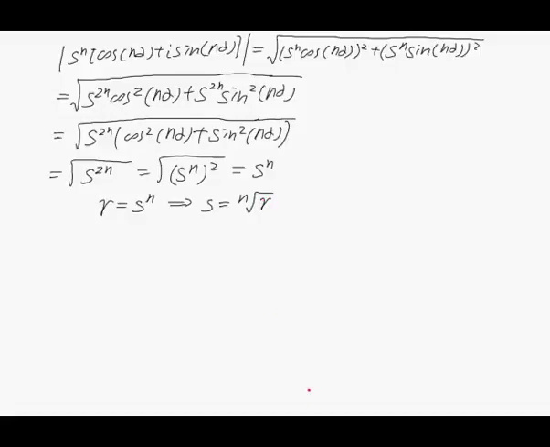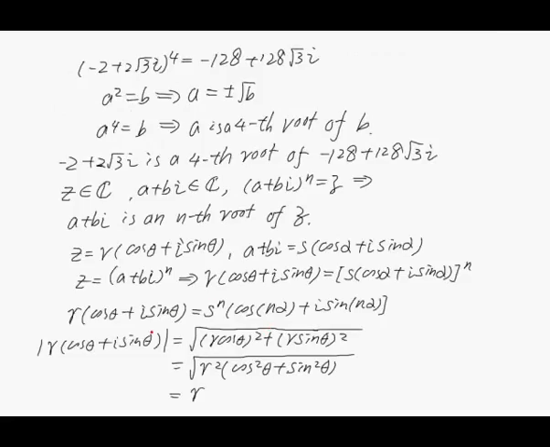Now, let's compare the real part and the imaginary part of both sides of this equation. So the real part on the left side is r times cosine theta, and the real part of the right side is s to the n times cosine of n alpha.